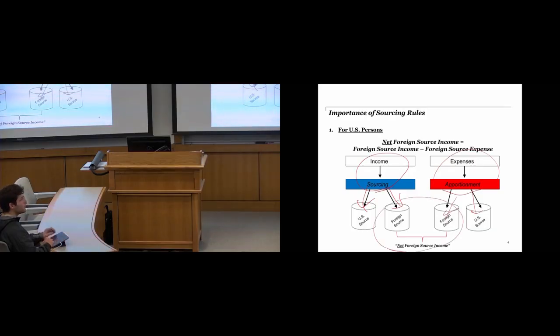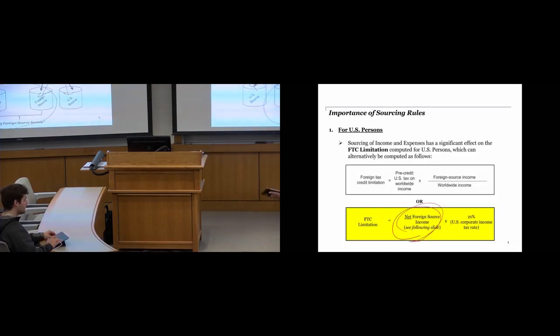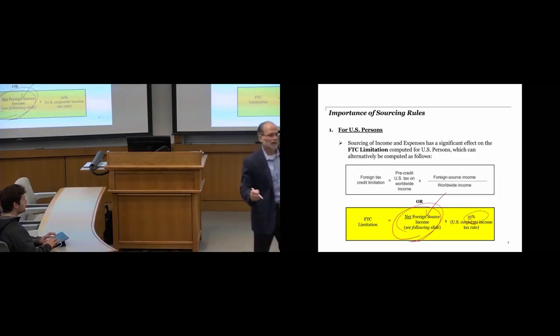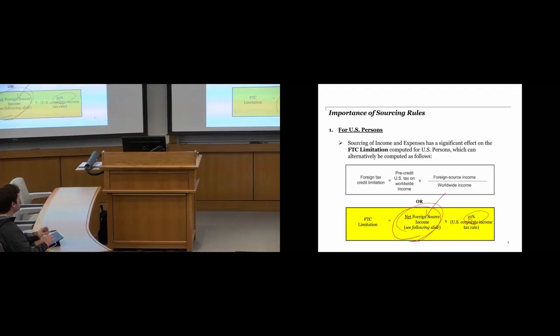I net the foreign source income piece and the foreign source expense piece. That's my net foreign source income, which is this multiplicand in that calculation. And we know for corporations it's 21%. We basically computed the foreign tax credit limitation once we've done this. But the devil's in the details. I've got to go item by item.